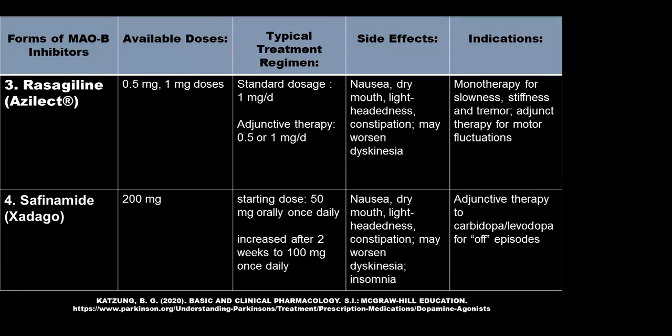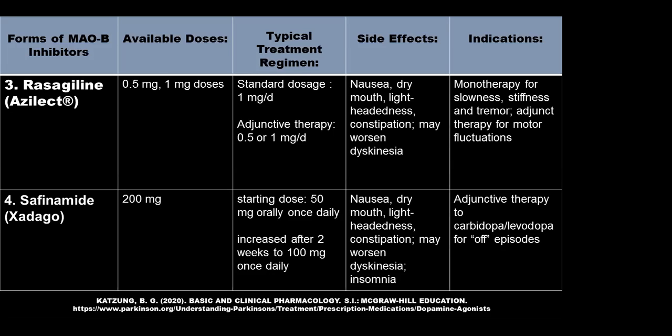So the third one would be rasagiline. The available doses are 0.5 and 1 milligram, but the standard dosage is 1 milligram per day. It is used as a monotherapy for slowness, stiffness, and tremor, and as an adjunct therapy for motor fluctuation. Whereas safinamide, which is available in 50 and 100 milligrams, is used as an adjunctive therapy for carbidopa-levodopa for off-time episodes.